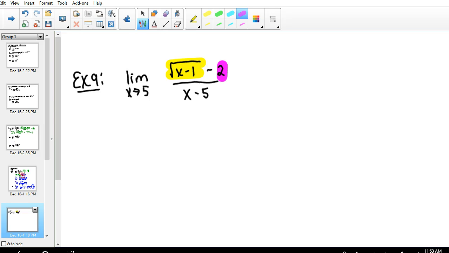So whenever we multiply this, it's good to go ahead and put parentheses around your top and bottom. You're multiplying it by the square root of x minus 1 plus 2. So you're changing that sign that's in between the two terms. You don't change the minus sign that's inside of the square root.